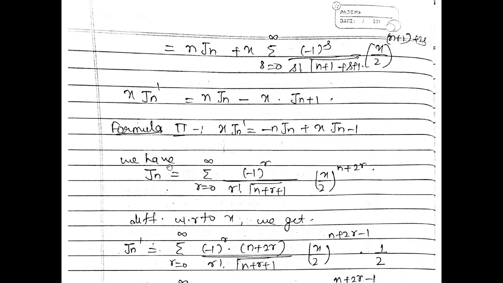So we have Jn equal to summation r equal to 0 to infinity, (-1) to the power r upon r factorial gamma n plus r plus 1, x by 2 to the power n plus 2r. So this is your Jn(x). What we need is the derivative of Jn(x), so just differentiate with respect to x. So we will get this step.